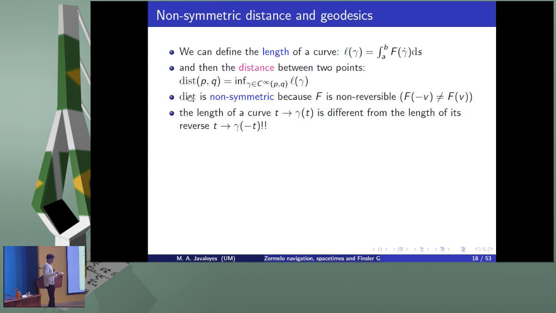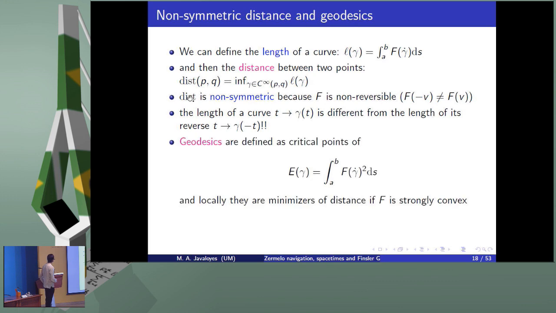When you reparameterize the curve in the opposite direction, in principle the length can be different. So the distance is not symmetric. Geodesics are the critical points of the energy functional, but also local maximizers of the distance. So geodesics are also critical points of the length, up to reparameterizations.